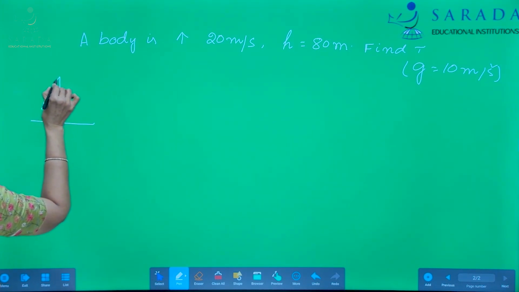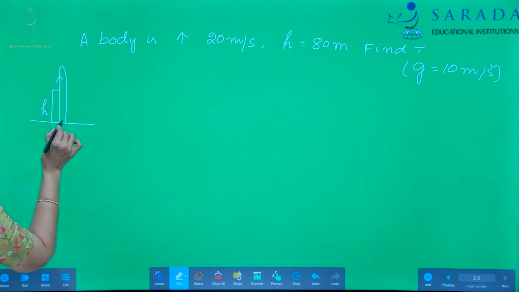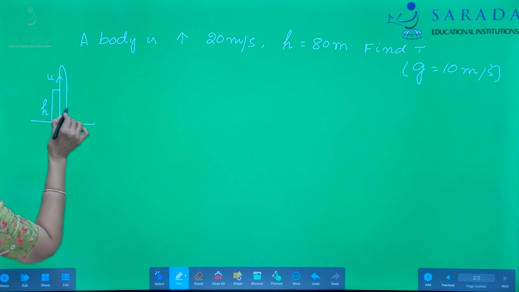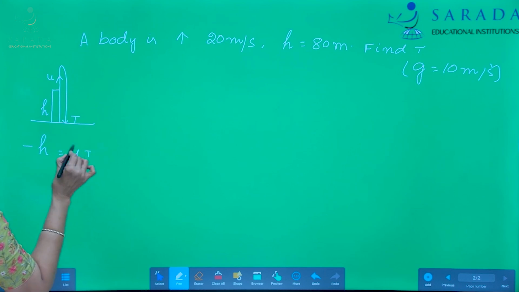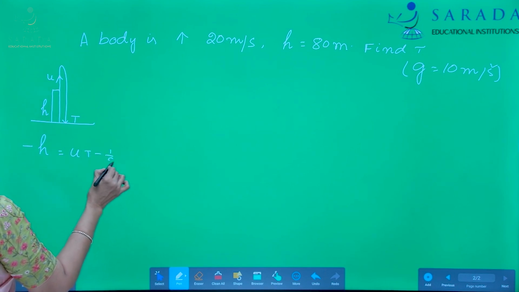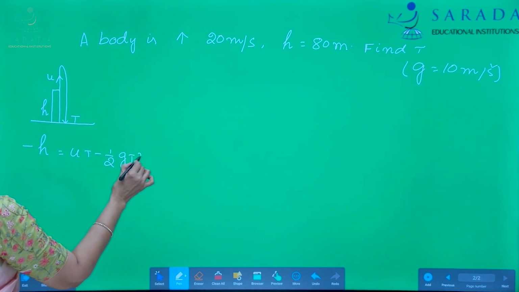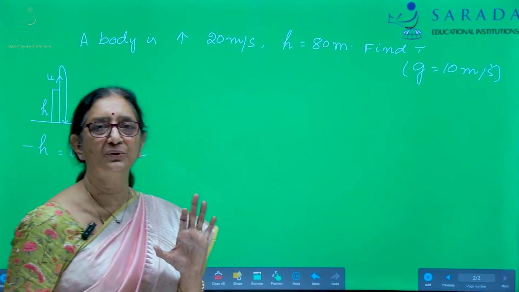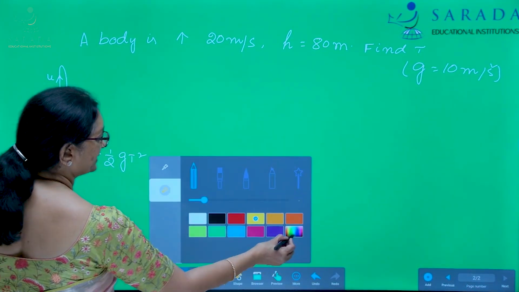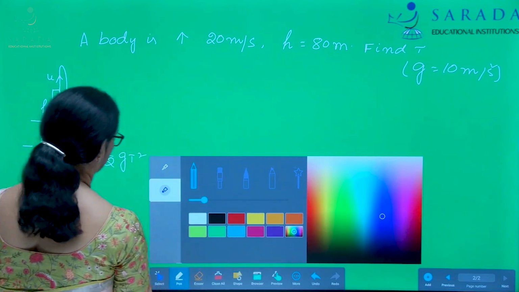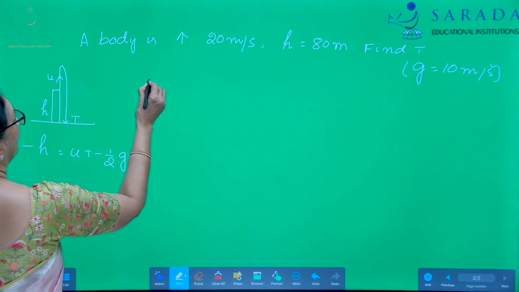Here a body is projected vertically up from the top of a tower of height h with a velocity u, and if it reaches the ground in time t, the equation connecting them is minus h = ut minus half gt square. Just substitute the given data in this equation and you see what happens.